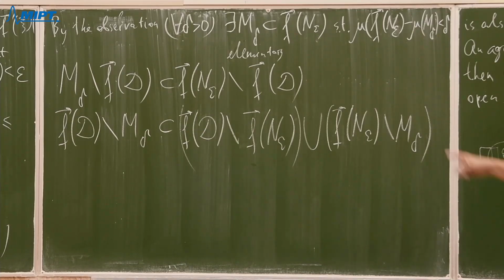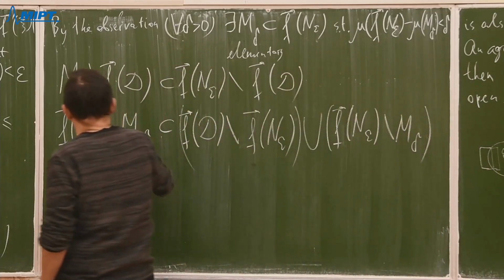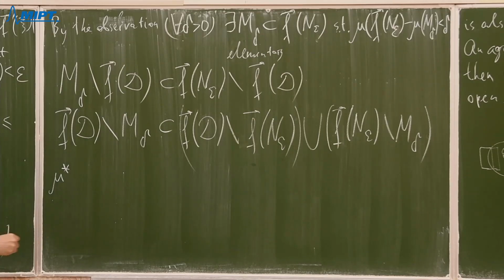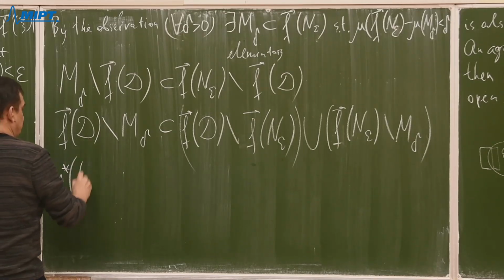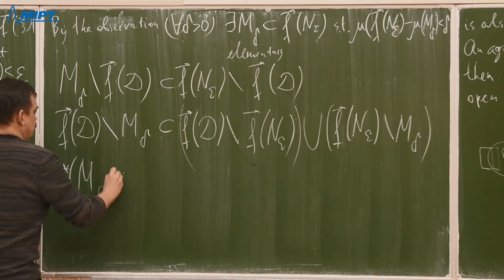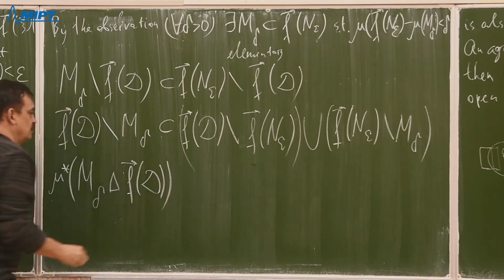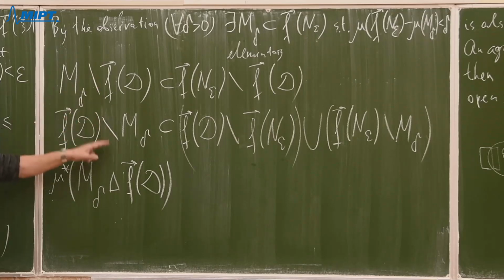Okay. So, using those two properties, I can write out a measure of the symmetric difference between M delta and f of D. So, the symmetric difference is the union of those differences, right?